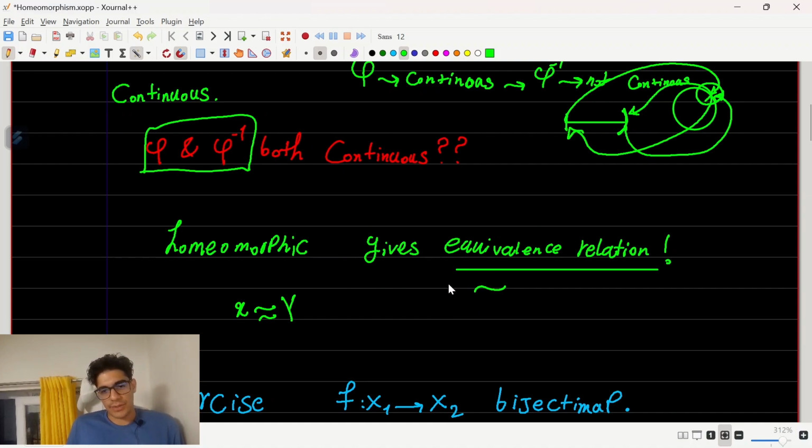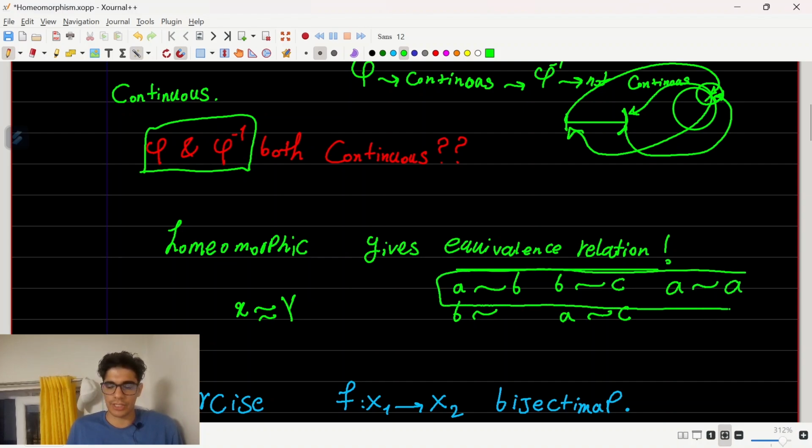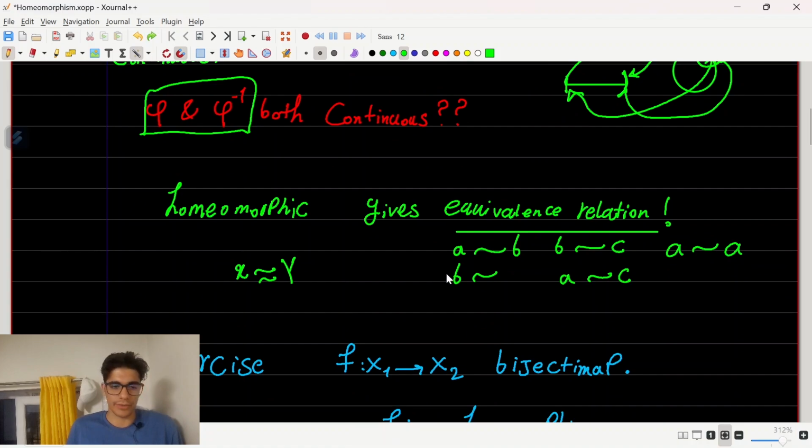We have an equivalence relation if, when A and B have a relation, then B and A have a relation. If A and B have a relation, and B and C have a relation, then A and C have a relation. And A has a relation with itself. These are the three conditions to have an equivalence relation, and you can check that homeomorphic gives an equivalence relation.